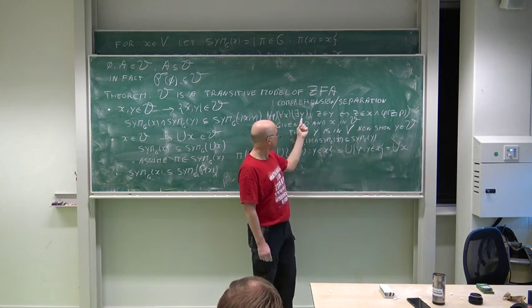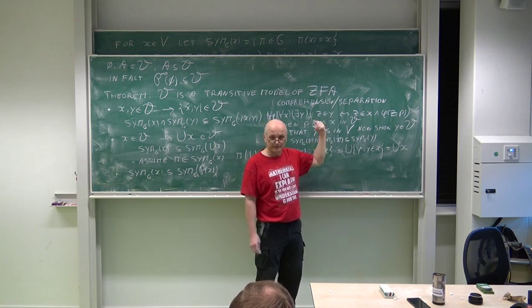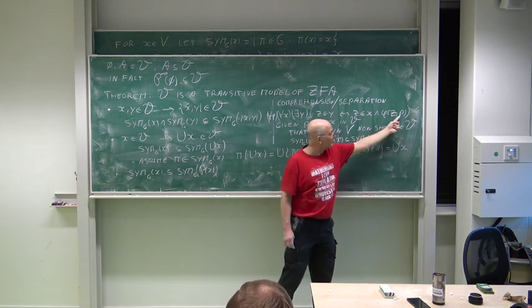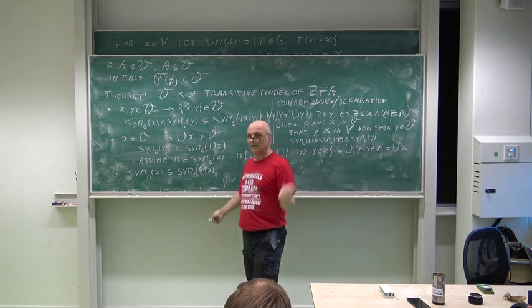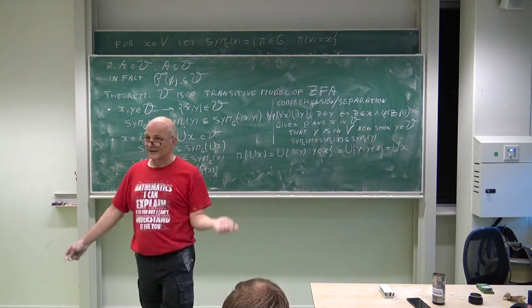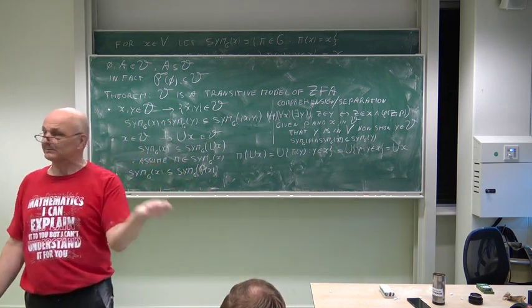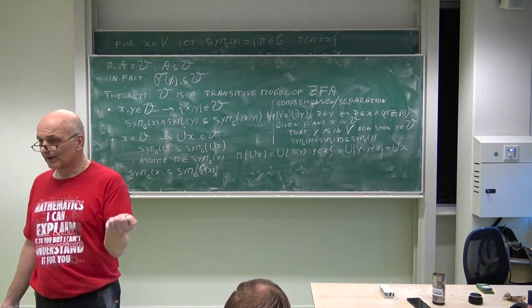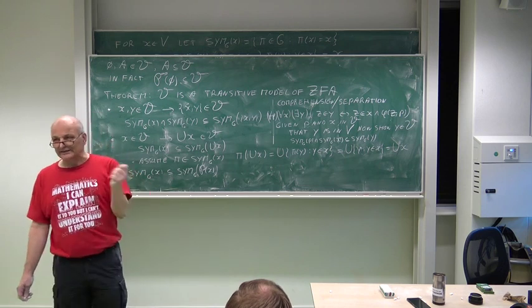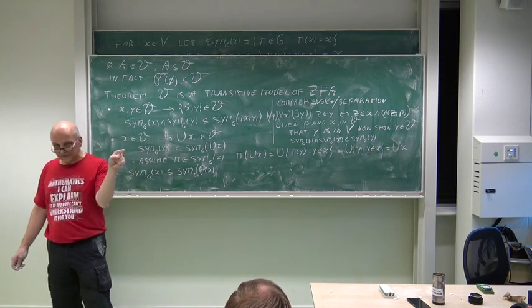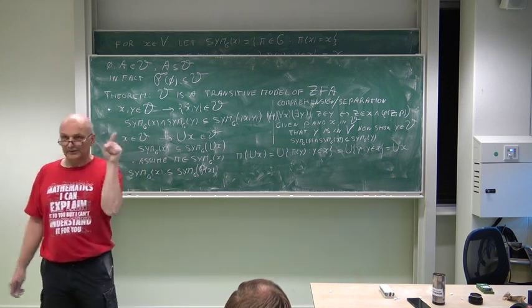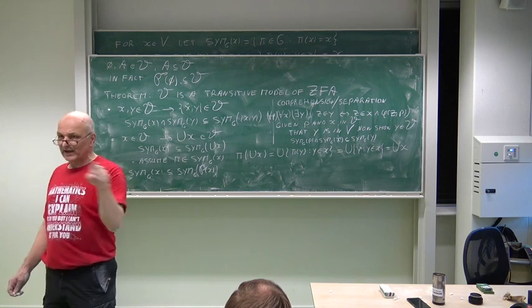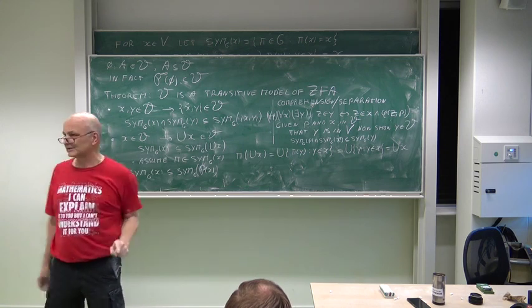Well, nothing's going to change except that you're going to get the y, and you get the same y because pi of x is x and pi of p is p, and nothing exciting happens. But again, try and write this down for yourself. Just follow the rules line by line. Say, well, okay, does this happen? Does this happen? Does this happen? Does this? Yes.